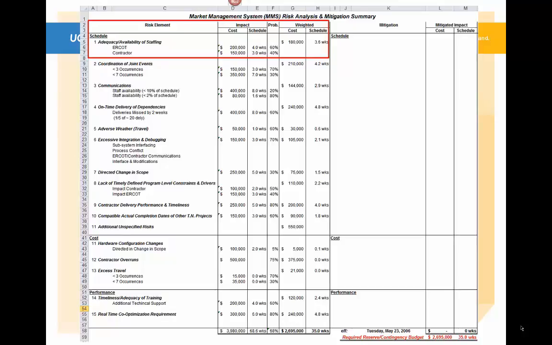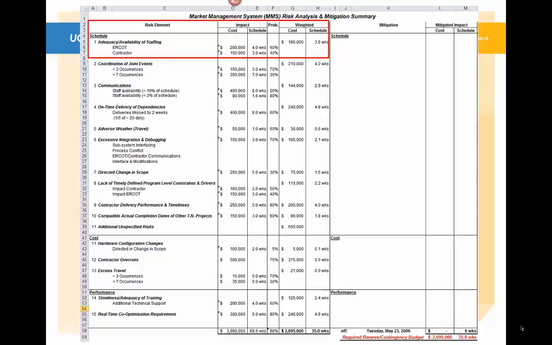Taking these weighted probabilities, 60% of 200,000, that's 120,000. 40% of 150,000 is 60,000. 60 and 120 adds up to 180,000. So the weighted cost for that risk element is 180,000.